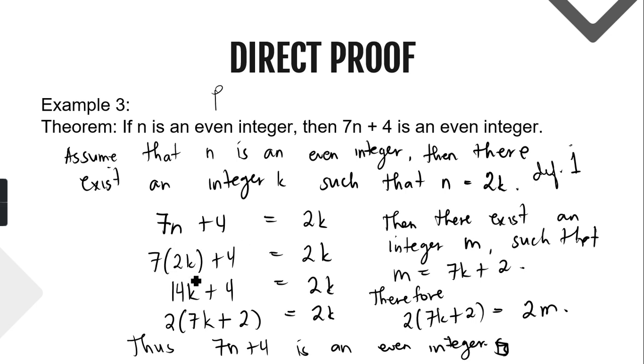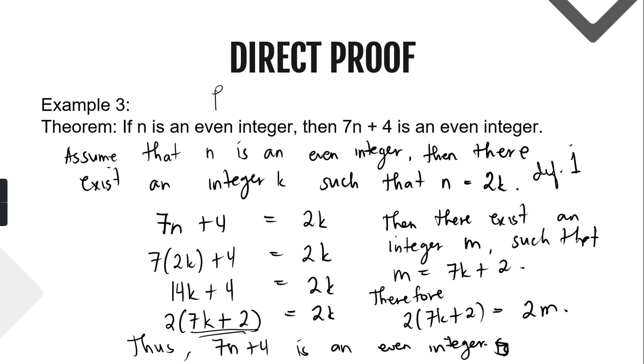So, that is 7 multiplied to 2k plus 4. And then, that is 14k plus 4. Tapos, then there exists an integer m such that m is equal to 7k plus 2, which is here. Therefore, the quantity is equal to 2m. Thus, 7n plus 4 is an even integer.